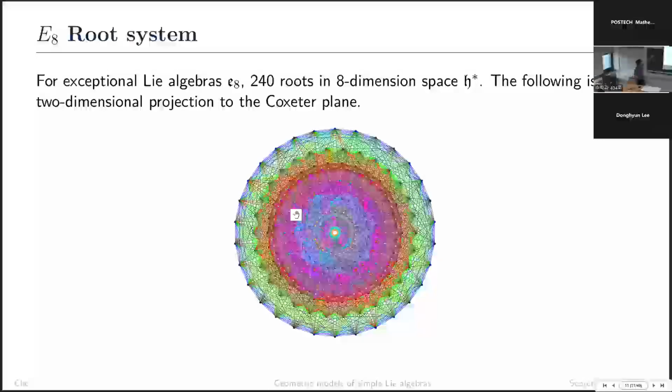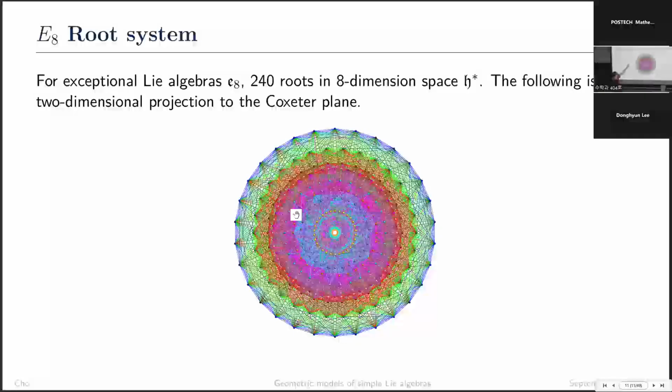And this is the E8 root system. I told you that the Lie algebra has dimension 248. So the Cartan subalgebra is 8-dimensional, so the eigenspace part is 240-dimensional. So there are 240 roots. And in the picture, you're supposed to see 240 roots, but you cannot really see them. What this means is we have an 8-dimensional space, and we have 240 vertices in the 8-dimensional space, and you project to a certain 2-dimensional plane.